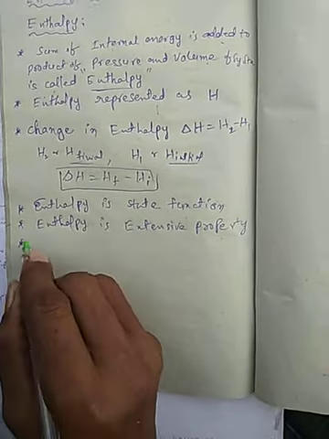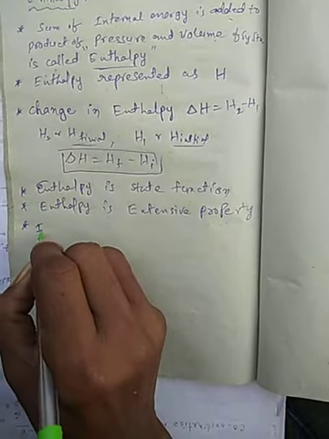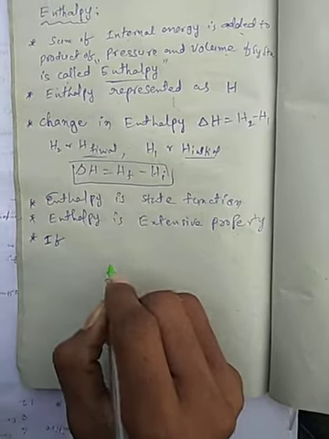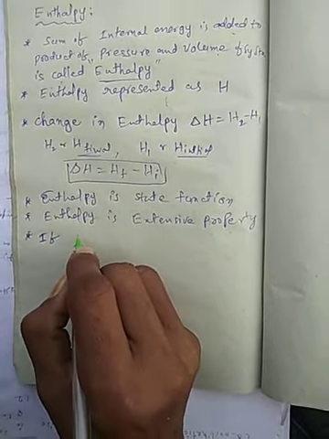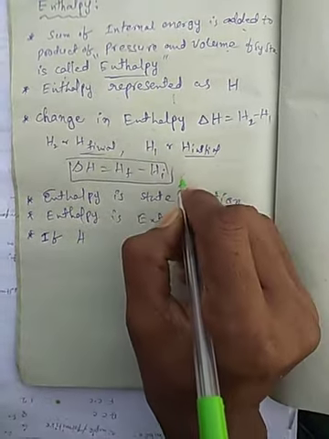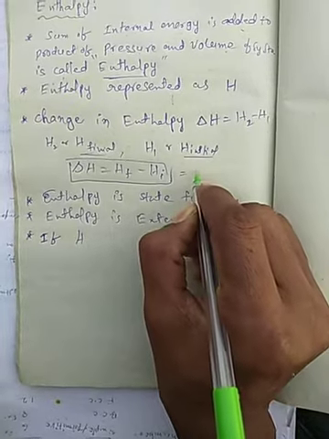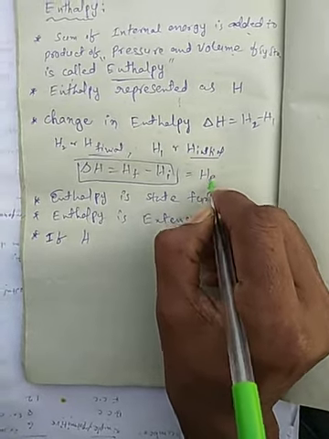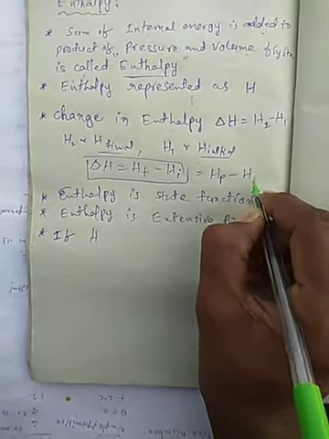Now we can write delta H as enthalpy of product minus enthalpy of reactant.